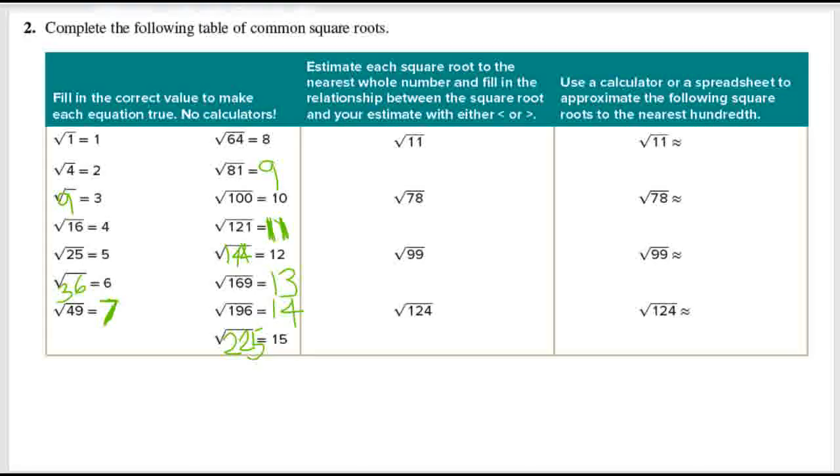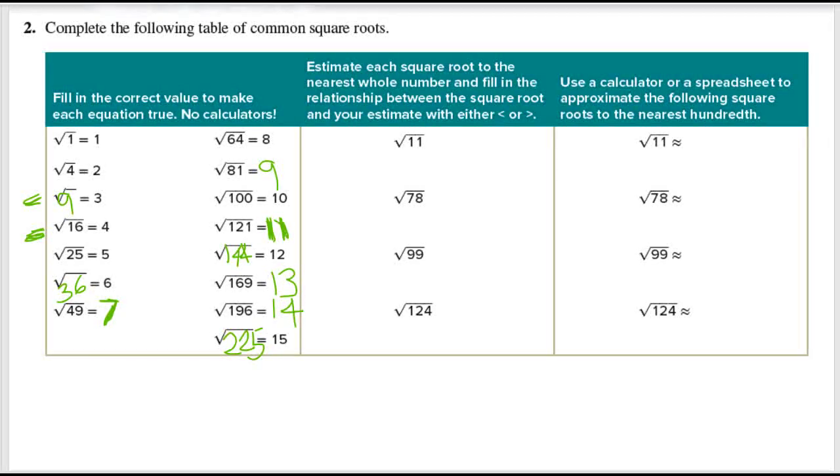So if you look at the square root of 11, it has to be more than the square root of 9. So it has to be more than the square root of 9, but less than the square root of 16. Okay, so square root of 11 is going to be between 3 and 4.